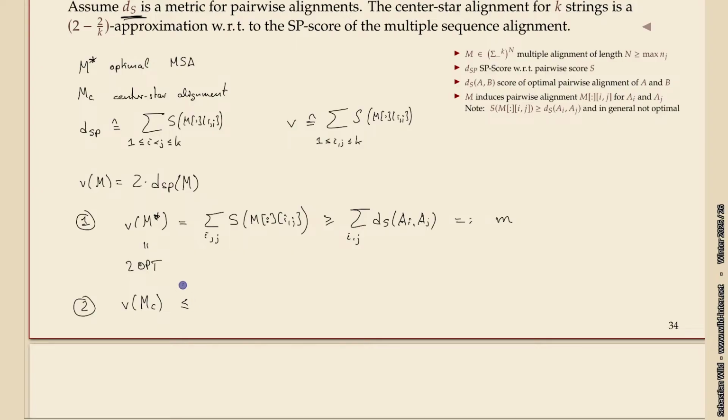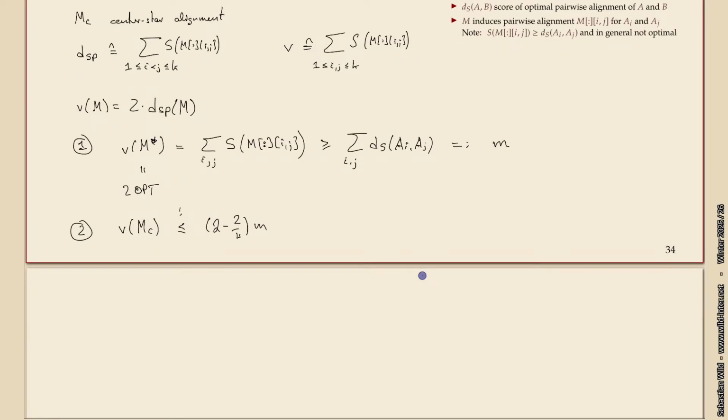We'll claim that this is essentially this approximation 2 minus 2 over k times this m. And then the result immediately follows from that by taking the ratio. So why would that be the case? What we get in the center star alignment, well, first of all, same double sum, right?